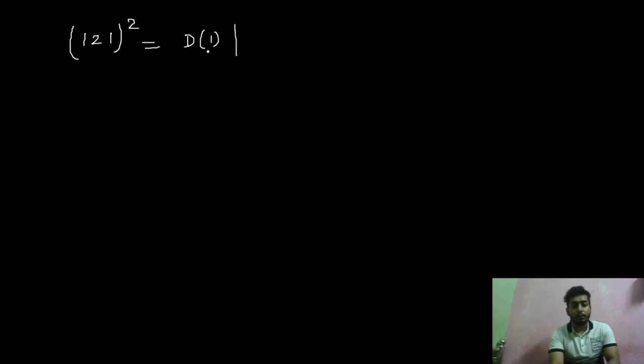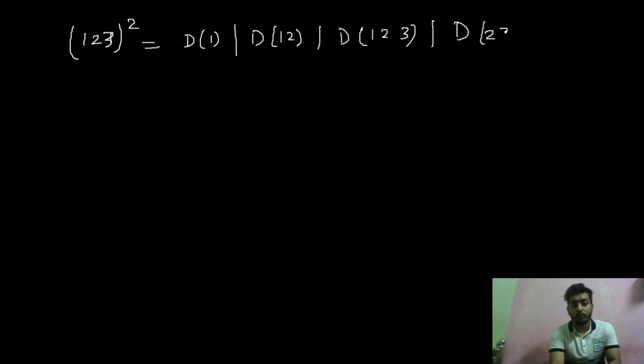We have to find the duplex of 1, then the duplex of 1 2, then the duplex of 1 2 3. Take 1 2 3 square, because with different digits it is helpful to see how it changes. So the duplex will be duplex of 1 slash duplex of 1 2 slash duplex of 1 2 3 slash duplex of 2 3 slash duplex of 3.